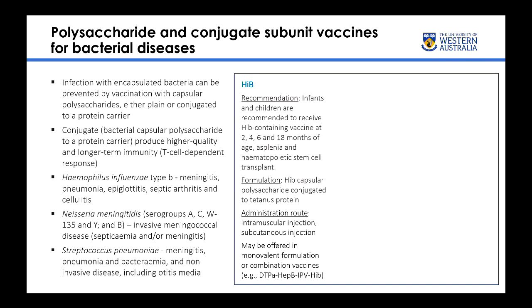Remember that in children under 2 years old, B cells don't respond very well to polysaccharides in general, because the immune system is immature. So being vaccinated against them is quite important, because infections with any of these 3 pathogens, although not very common, can lead to very serious complications.